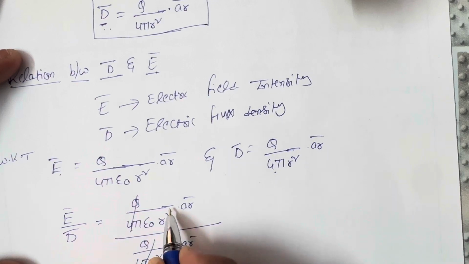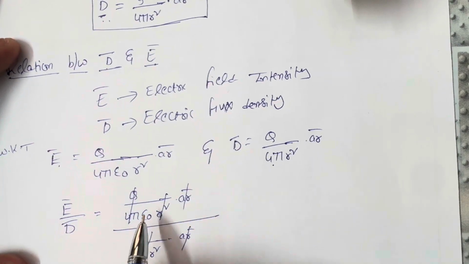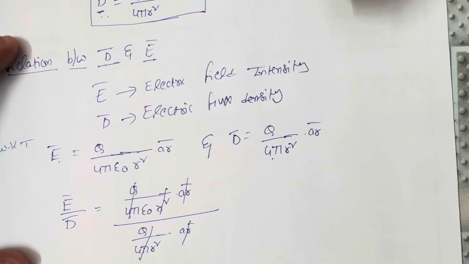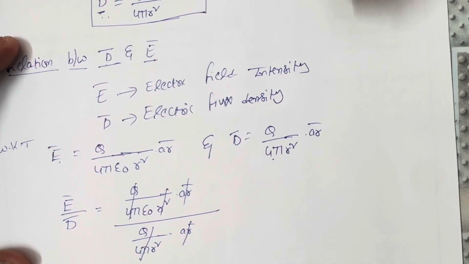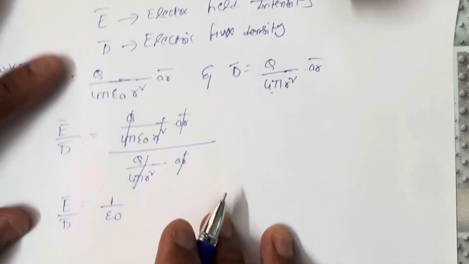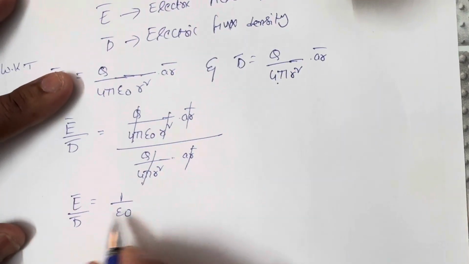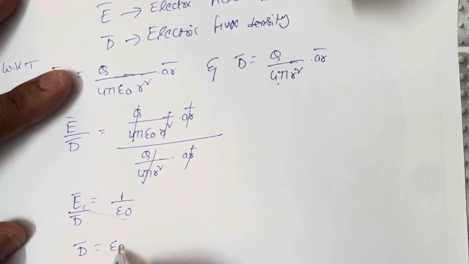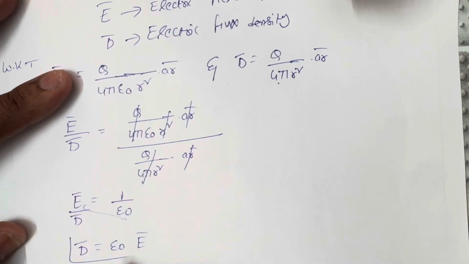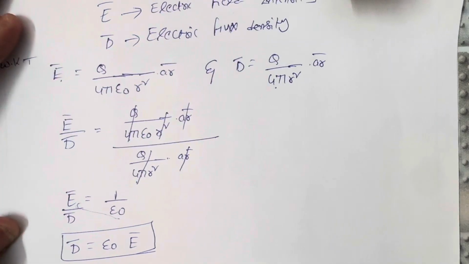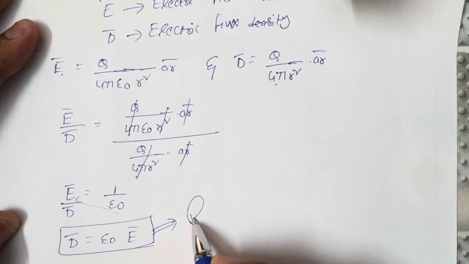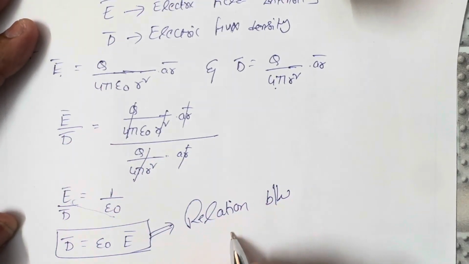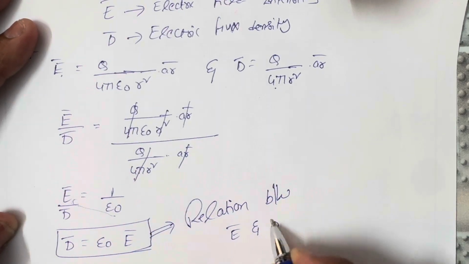These terms cancel, and finally E bar by D bar equal to 1 by epsilon naught. Then cross multiplying, D bar equal to epsilon naught E bar. It is the relation between E bar and D bar.